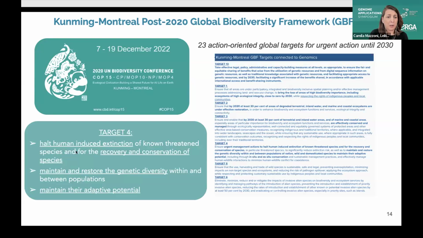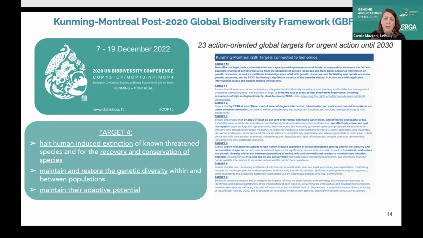where the aim is to halt human-induced extinction and recover and conserve species. Especially threatened species, so the focus is there, but not only. The important thing here is that there is finally a focus on wild species, which was not there in the past. Maintain and restore the genetic diversity within and between populations.